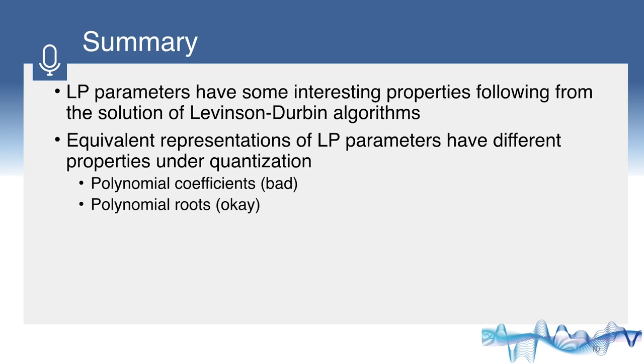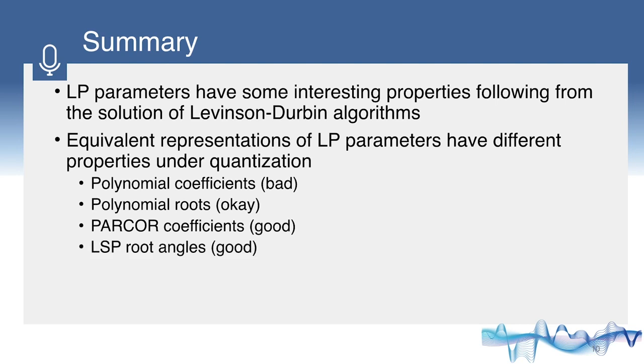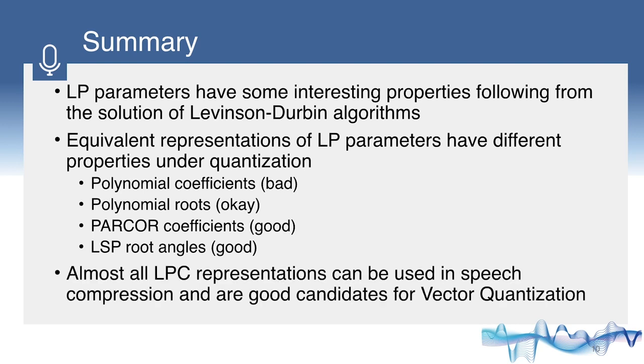Polynomial roots are okay. Reflection coefficients are good. LSP root angles are good. Almost all the LPC representations can be used in speech compression and are good candidates for the technique of vector quantization. That's all for this chapter. See you next chapter.